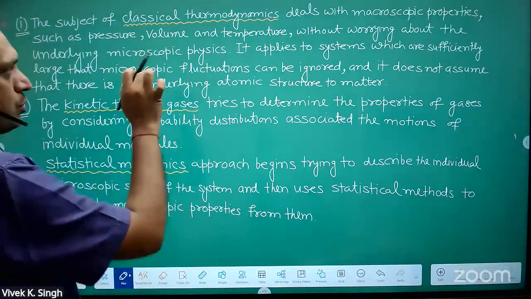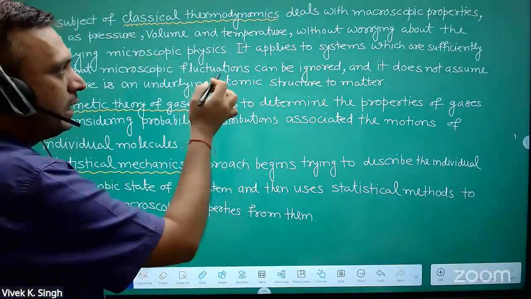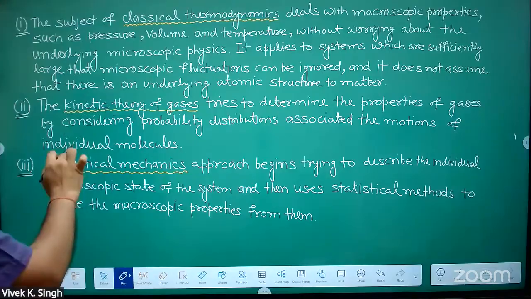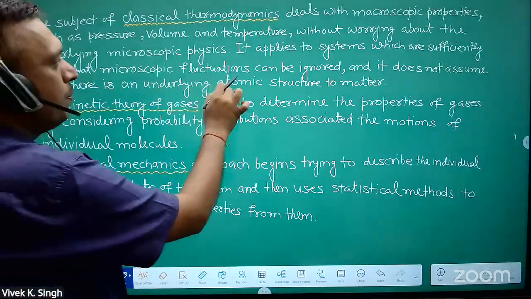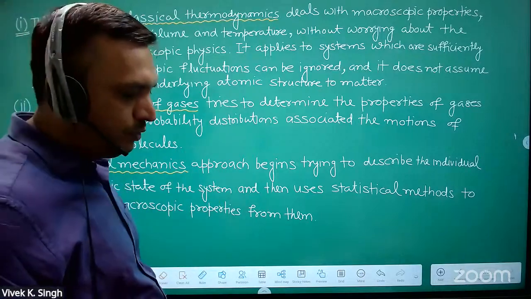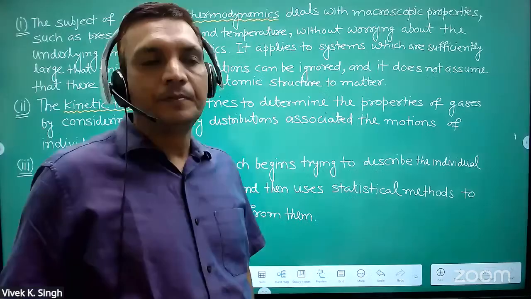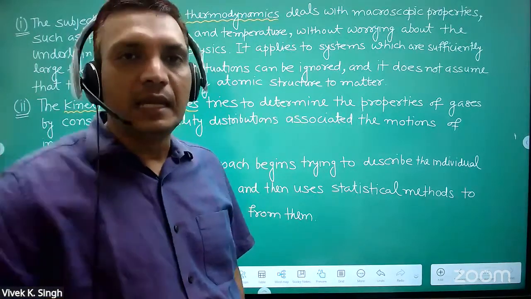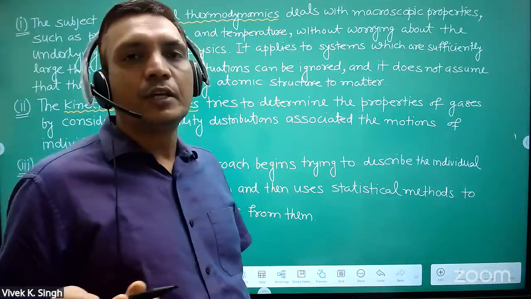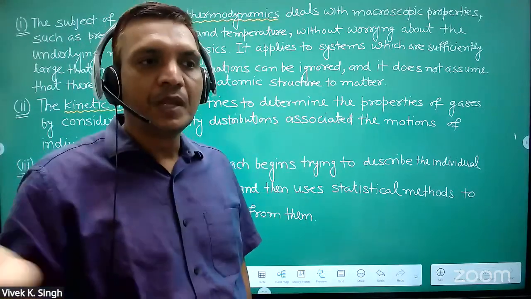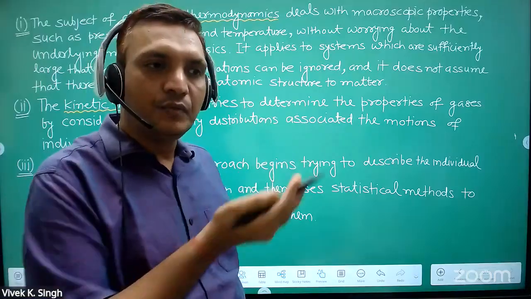Now it applies to systems which are sufficiently large that microscopic fluctuations can be ignored. We will talk about the thermodynamic limit, when the number of particles is very large. So microscopic fluctuations can be ignored, and on average the bulk property, especially pressure, will remain constant.